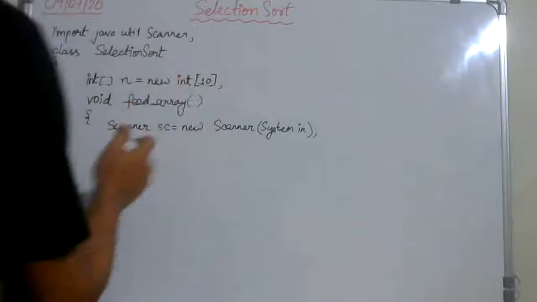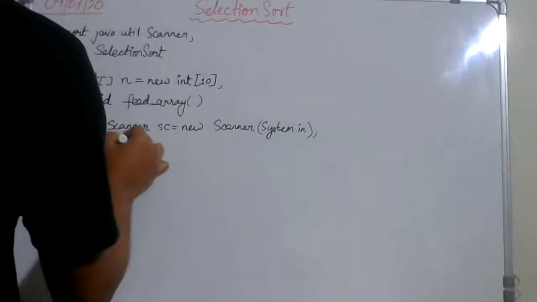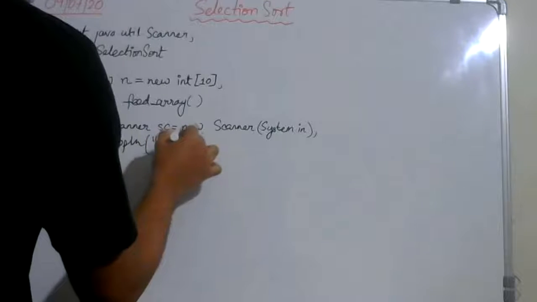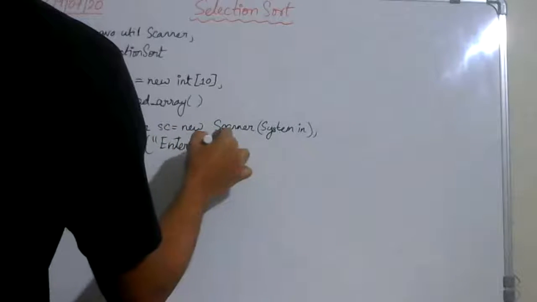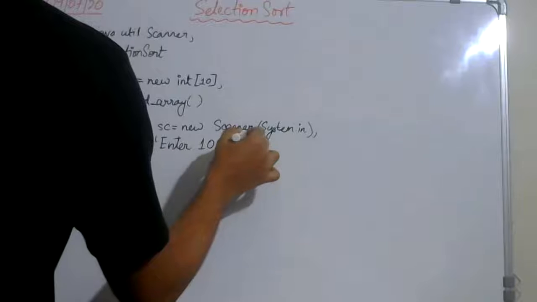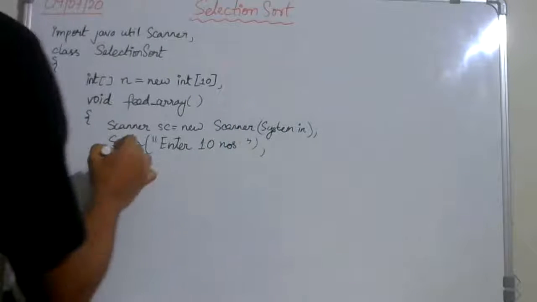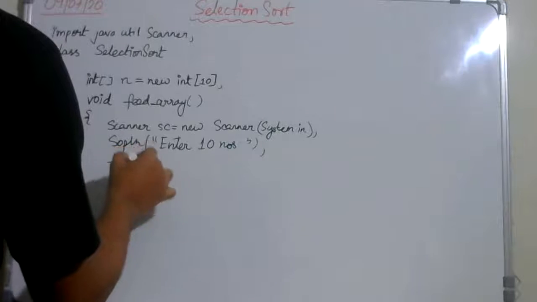It's pretty much the same code, and I'll have an SOPLN statement here asking the user to enter 10 numbers, and I'll have a for loop to take input for those numbers.